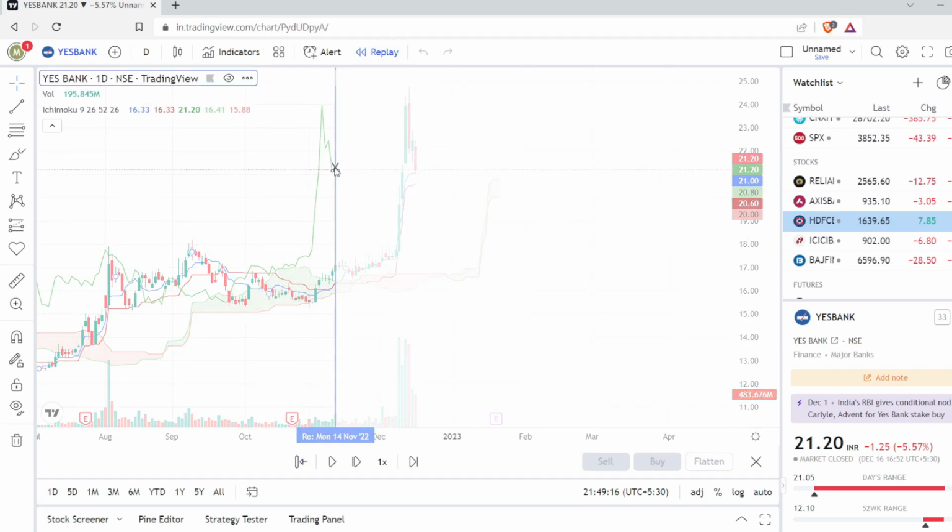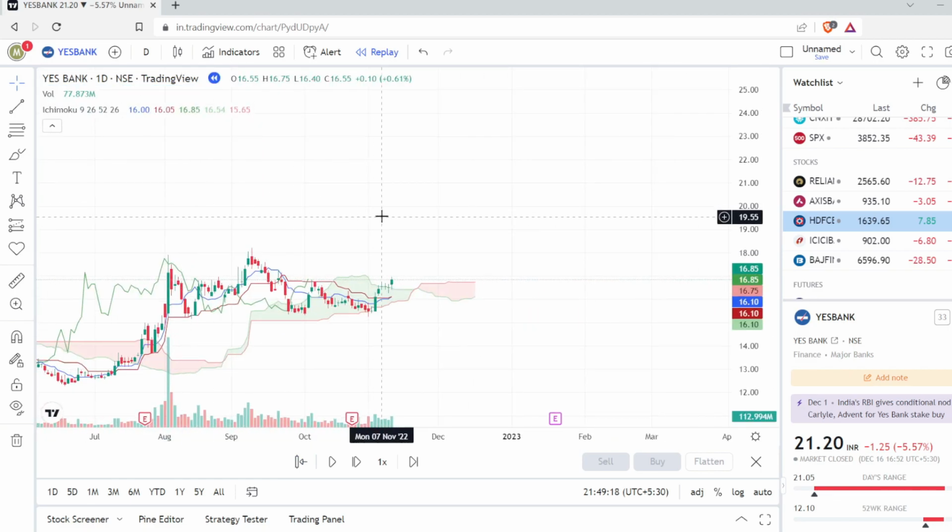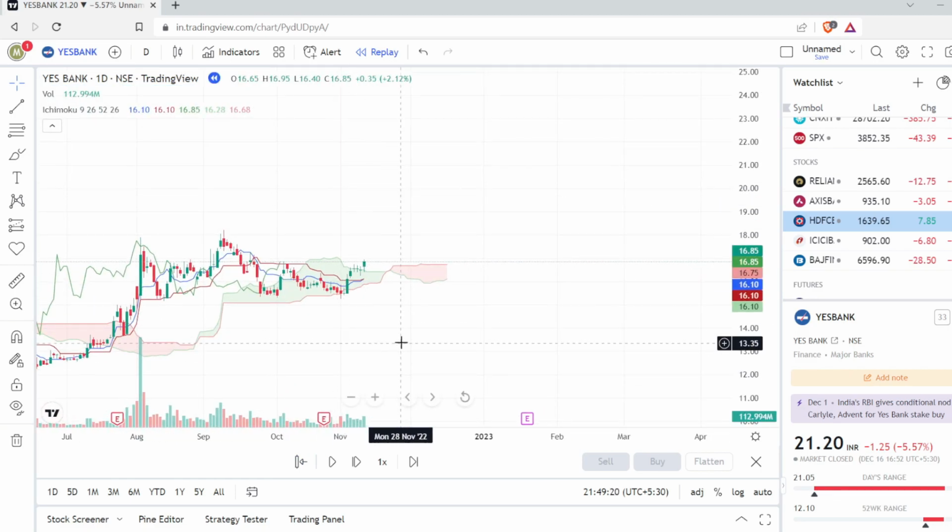this candle. Not on this candle because the Kumo cloud was bearish and the conversion line was just moving up the baseline.